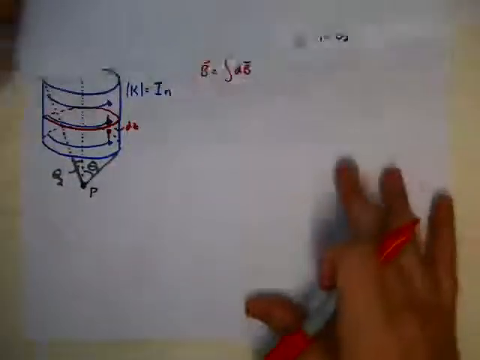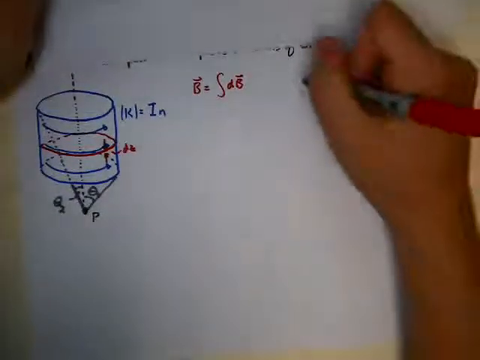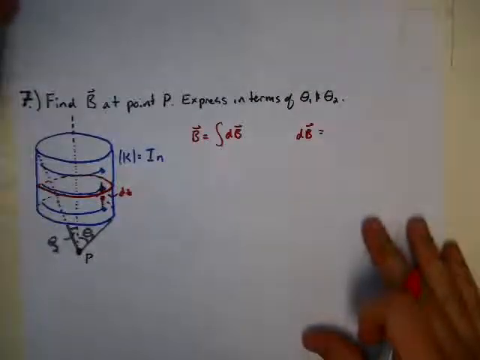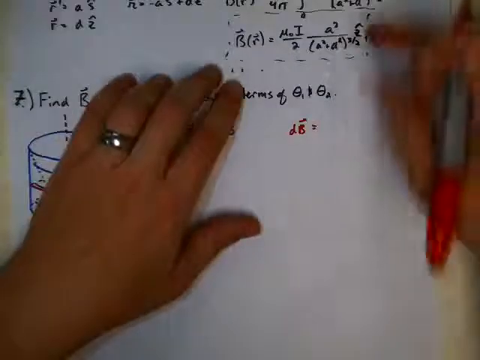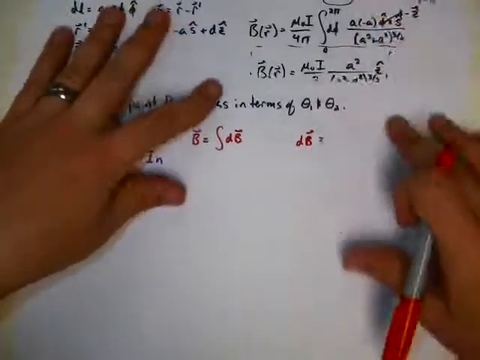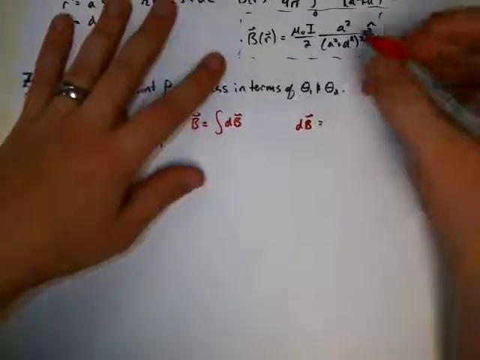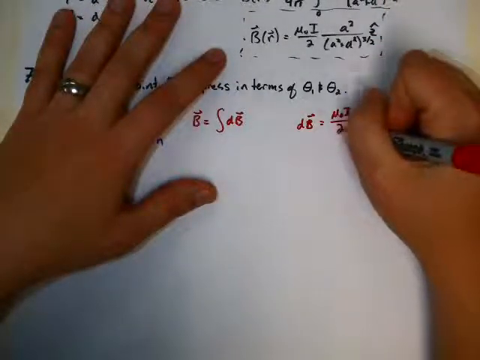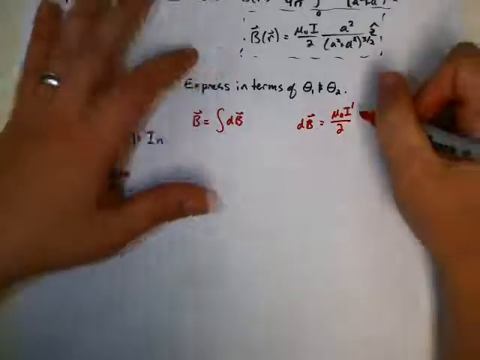But I have that dB, that's this expression here for the single loop, right? For the single loop, I found this expression, which is mu naught I over 2. I'm going to put an I prime here.